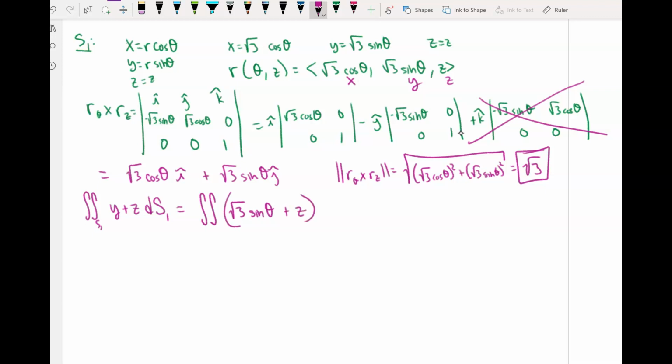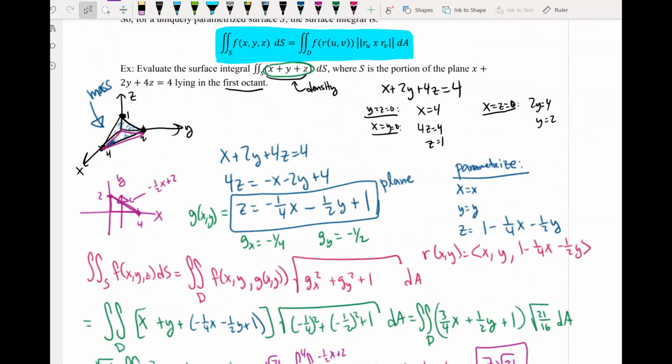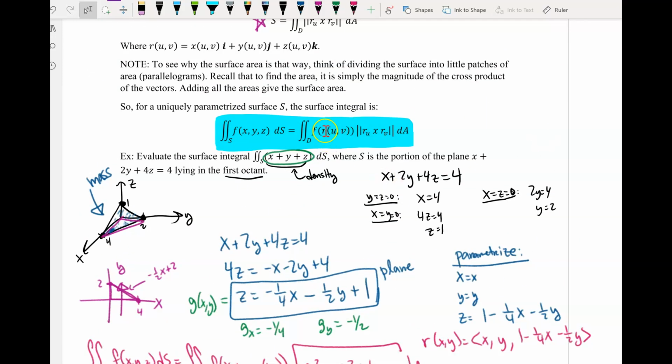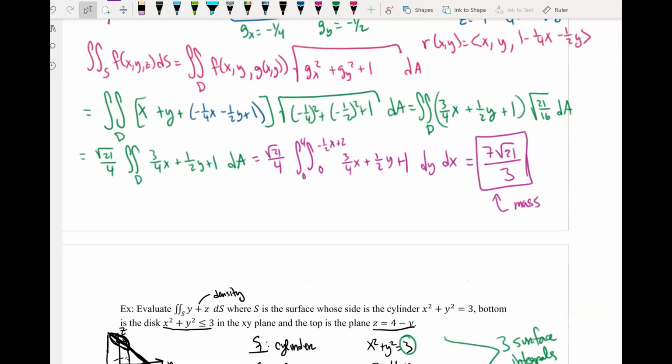We're going to multiply this by the cross product, the magnitude square root of 3, and then it's going to be over the region dA. So I'm just using, again, this formula up here. I plugged in the parameterization, and I'm multiplying it by the magnitude. So that's how I got that.